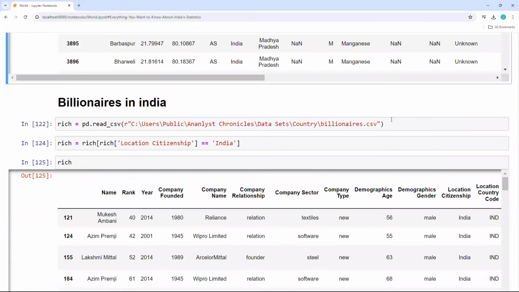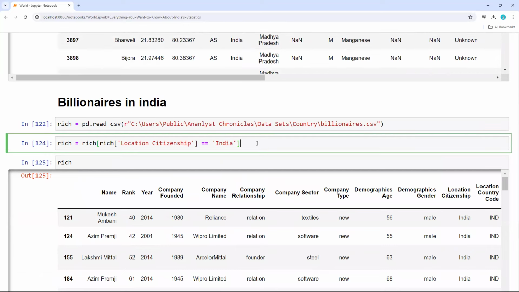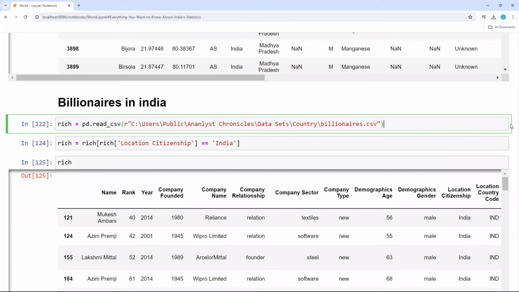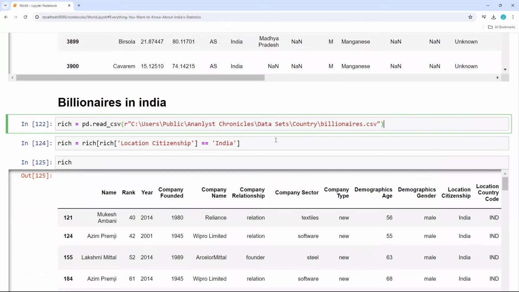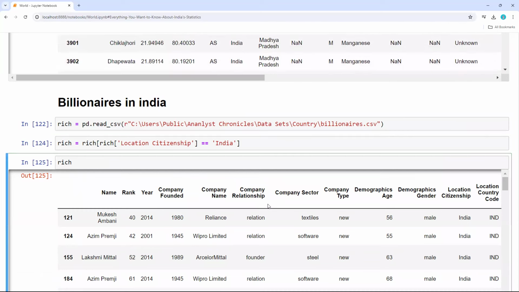And the next data is billionaires in India. This data set is also collected from Kaggle. I only wanted to look at the billionaires in India, because this data set has worldwide billionaires, but I don't need all the countries.